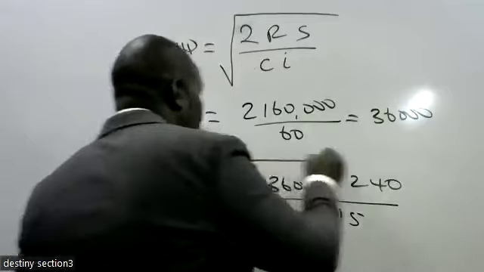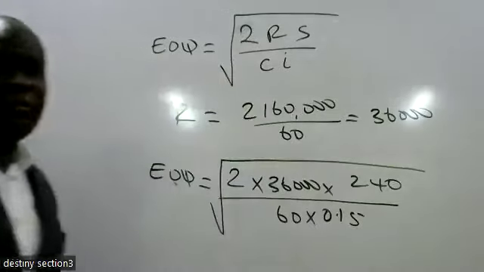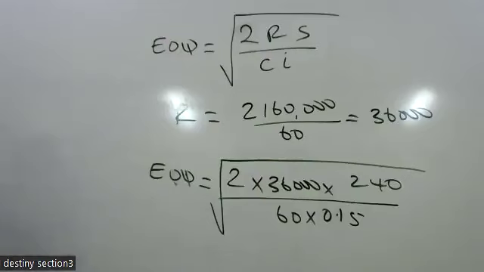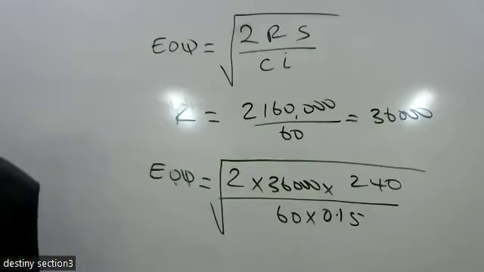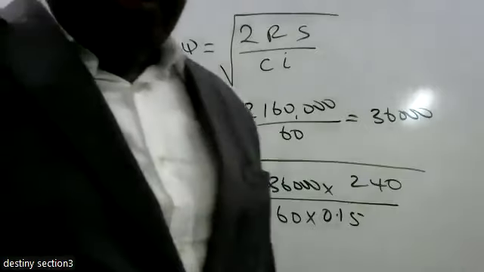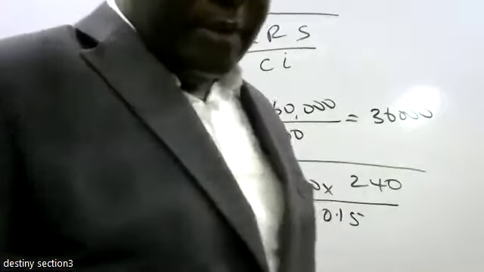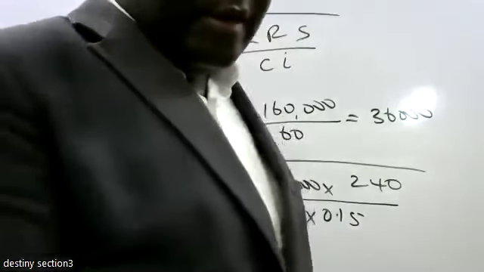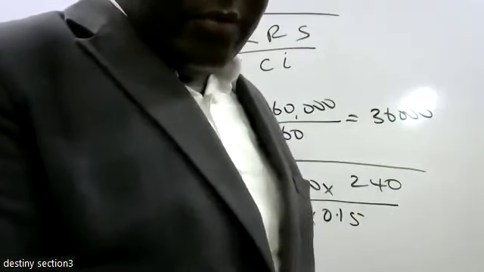Then get the square root. That should be able to give you the economic order quantity.